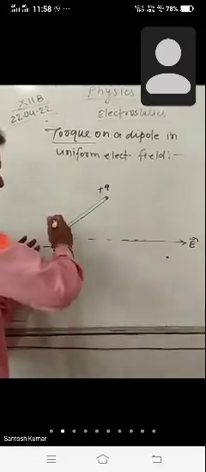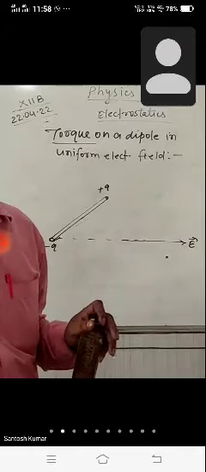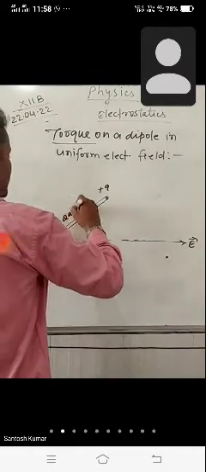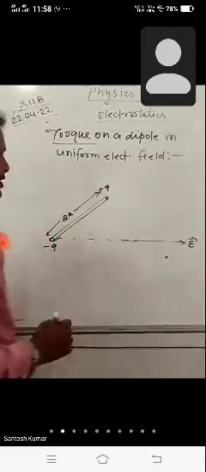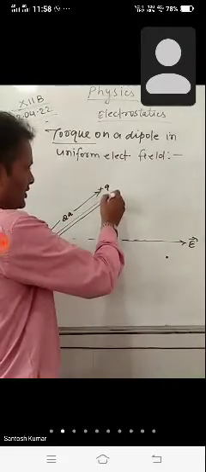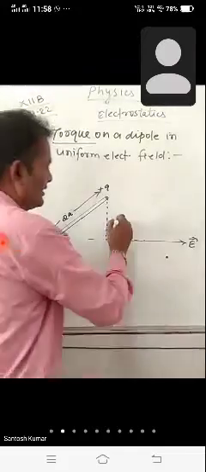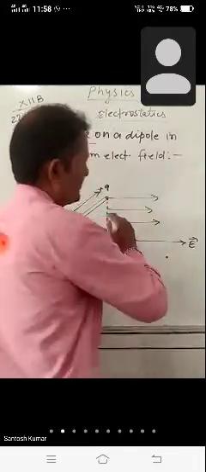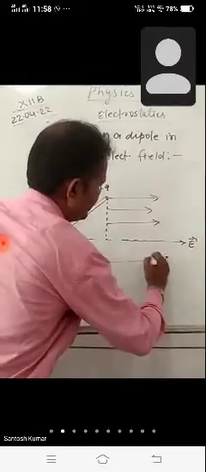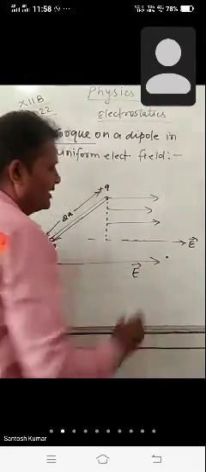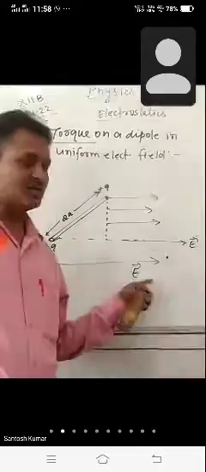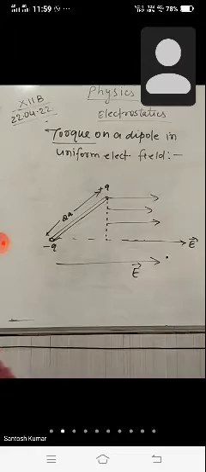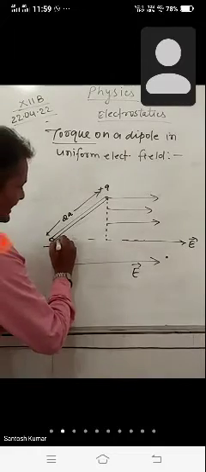The distance between them is always represented by 2a. So here you can show this distance as 2a. This is placed in a uniform electric field in this way. These small parallel lines show the electric field, in which the dipole has been placed.